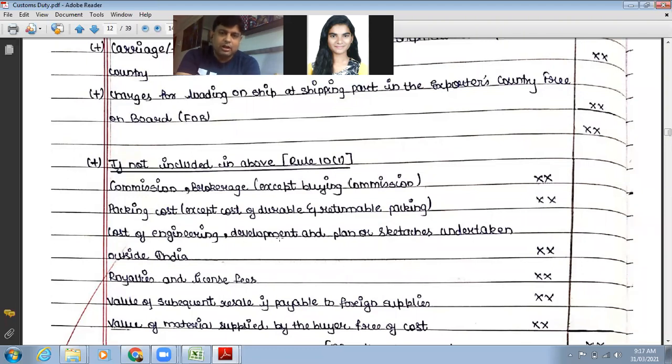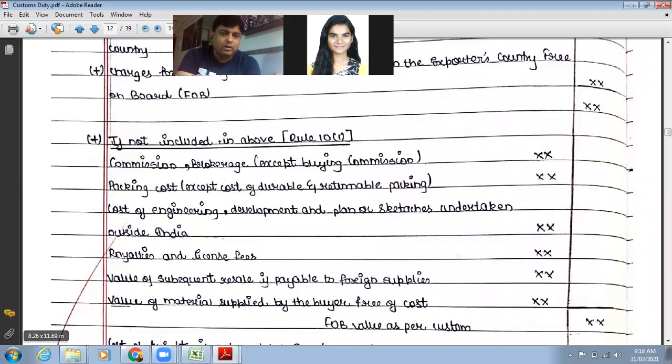Cost of engineering or development and plan or stage undertaken outside India. Suppose such kind of things is required. Say for example, you have got imported machinery and that requires different kind of layout before installation of that imported machinery, then these are all costs and will be part and parcel of cost.